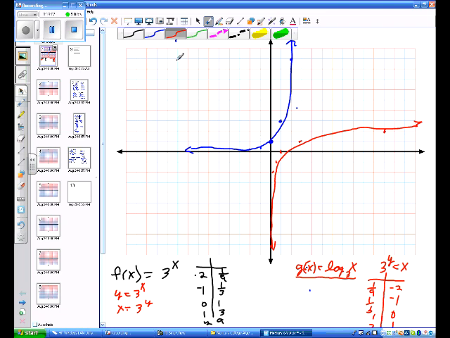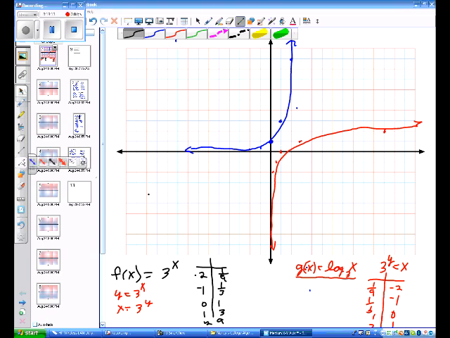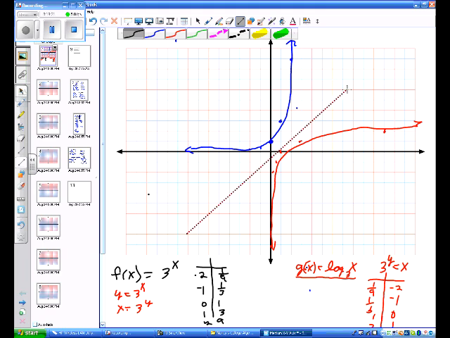These two will be symmetrical. The test that we had to see if things were symmetrical was to see if they were symmetrical about y equals x, our identity function. We've just switched our x's and y's.